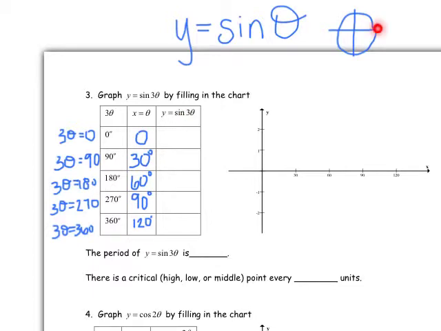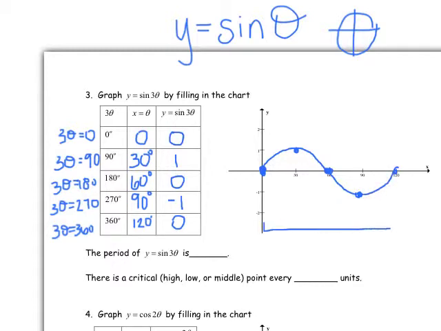So sine of the first one is still 0, and then we go up, back to 0, down, back to 0. So we start at 0, then we go up, back to 0, down, back to 0. This represents one period.